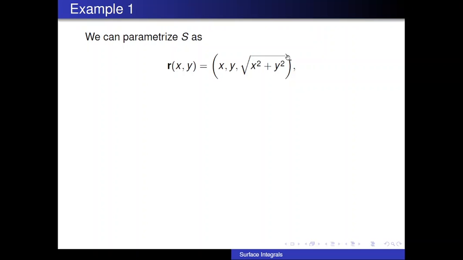So this is one choice. This is the first choice that we should probably think to make, since I kind of harped at you that whenever you have the graph of a two-variable function, this is an option that you have to parameterize your surface.